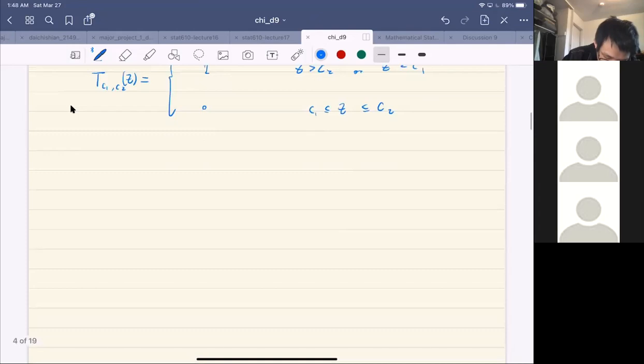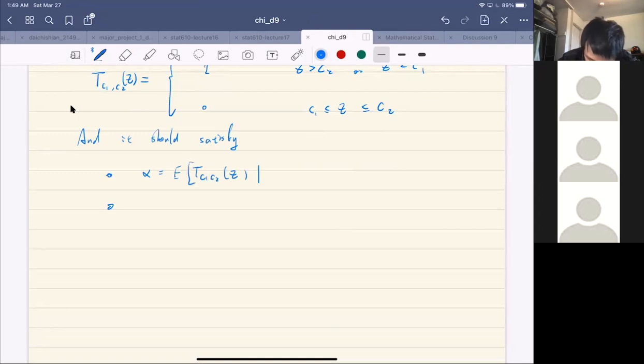It should satisfy two conditions. The first one is that the size is alpha, so alpha is equal to this under the null.